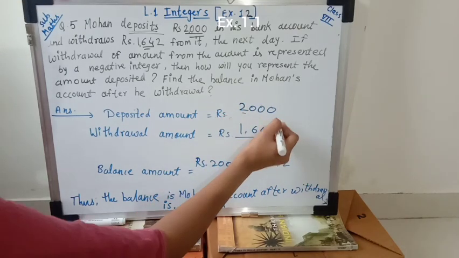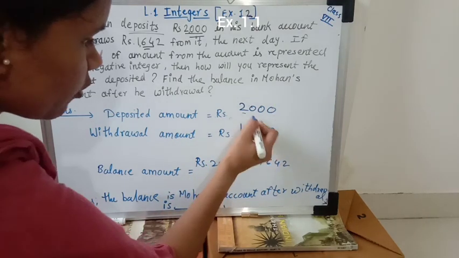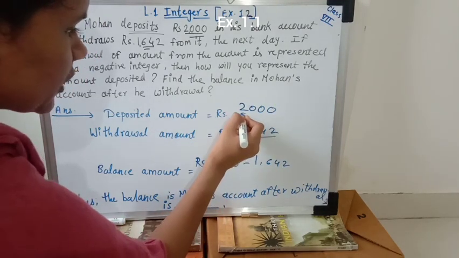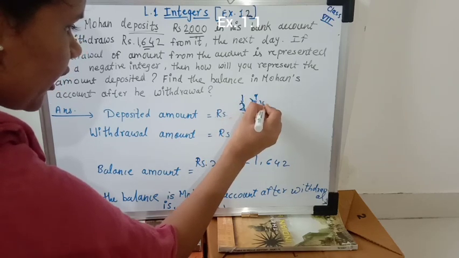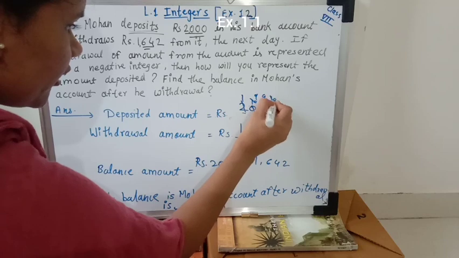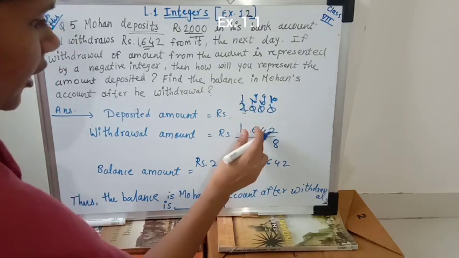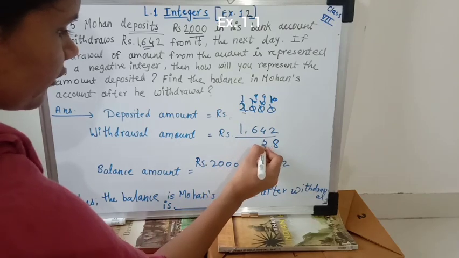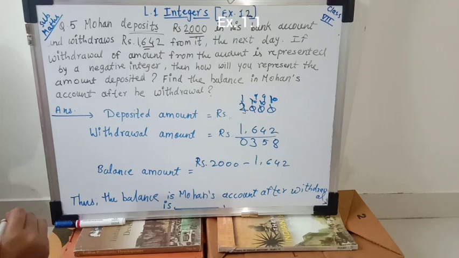Here we can't subtract 2 from 0, so we have to borrow. 2 is the only number, so here it will be 1, then 10, 9, 10, 9, 10. So 10 minus 2 is 8, 9 minus 4 is 5, 9 minus 6 is 3, and 1 minus 1 is 0.